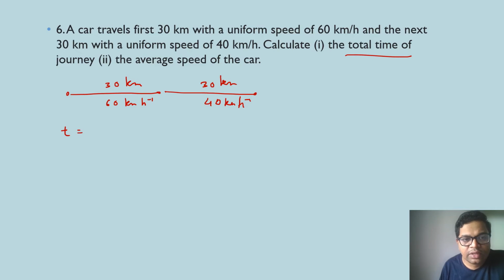So time is distance upon speed, so this is 30 by 60, that will be half hour. I call it as time 1.